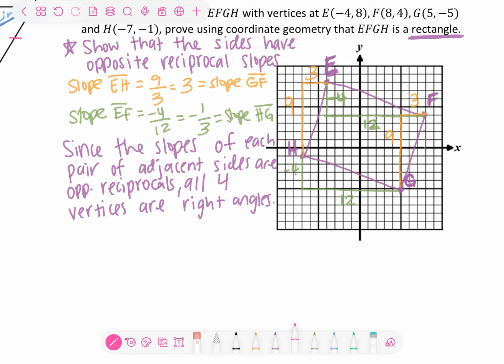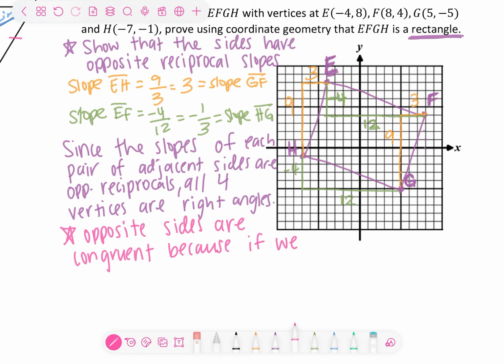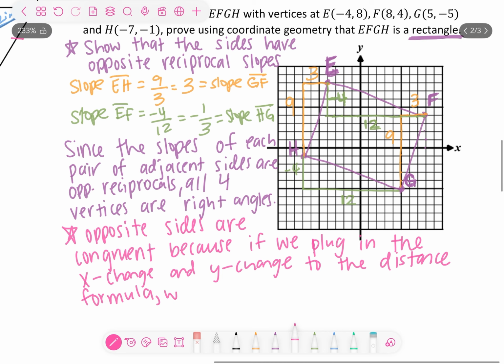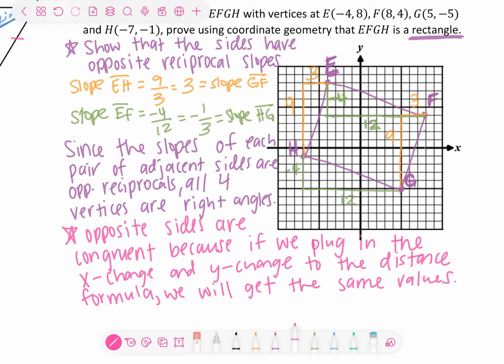So what we can say is: opposite sides are congruent because if we plug in the x change and y change to the distance formula, or you can use the Pythagorean theorem, it's honestly the same, we will get the same values.